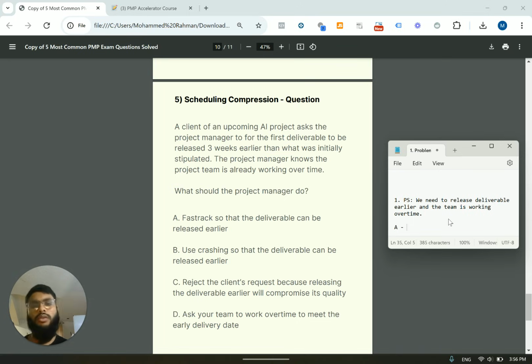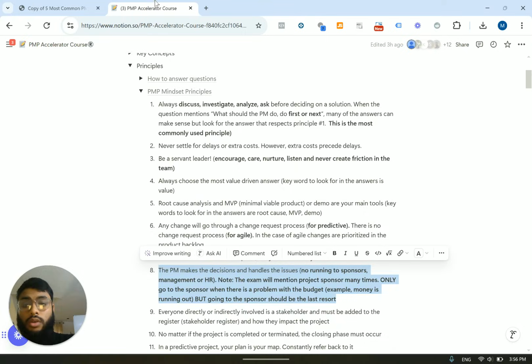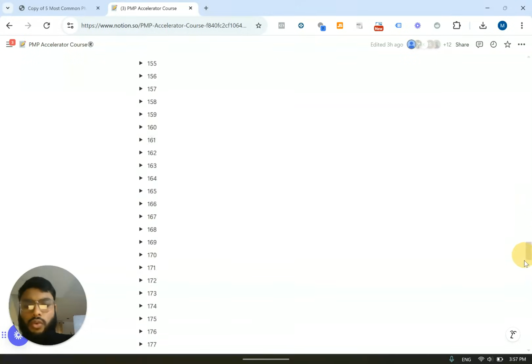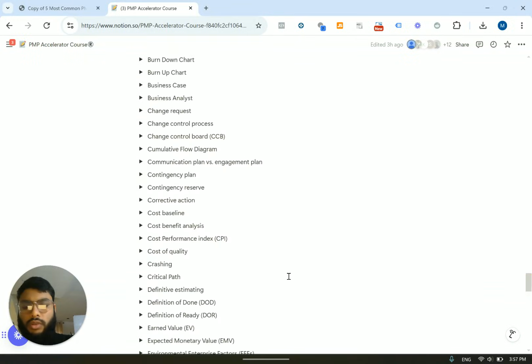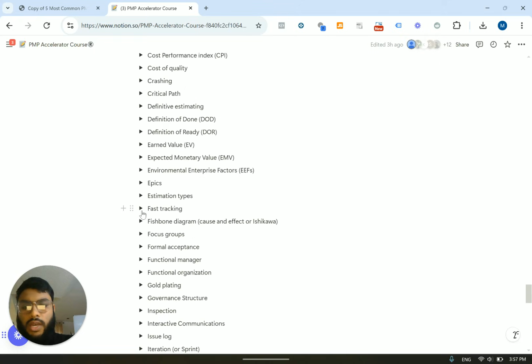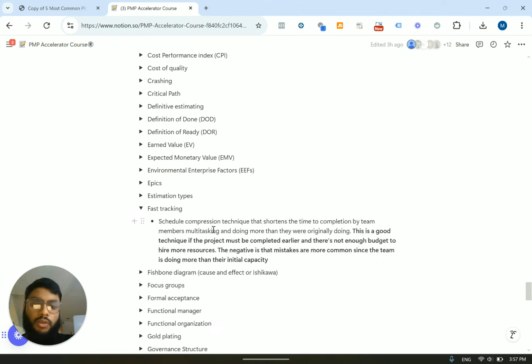Fast tracking is, why don't we use our little handy cheat sheet in our course over here. Let me try to find it. Okay, fast tracking. There we go. Scheduling compression technique that shortens the time to completion by team members multitasking and doing more than originally required.